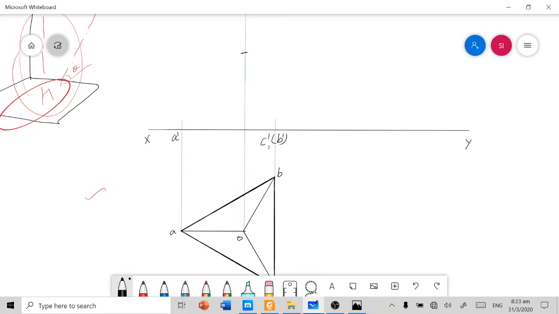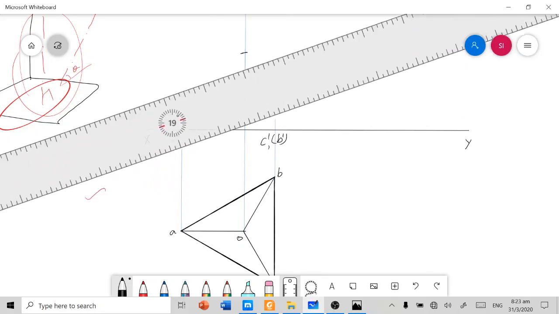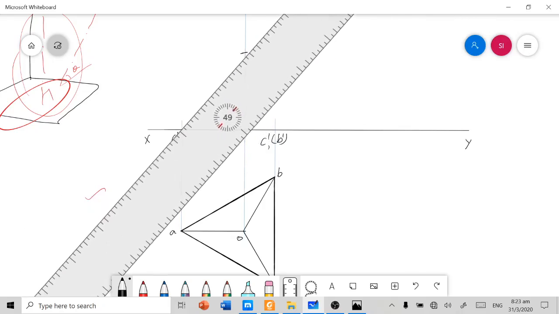Since I don't have the compass, I am marking the arc in an approximate manner, and let me connect the slant edges.